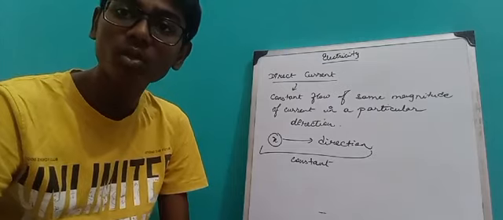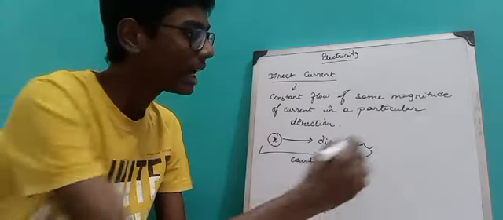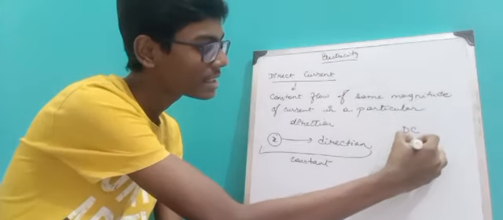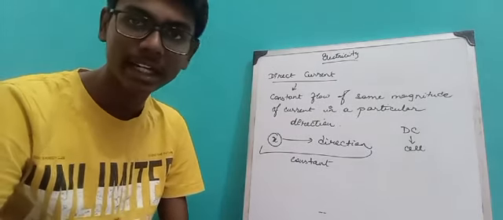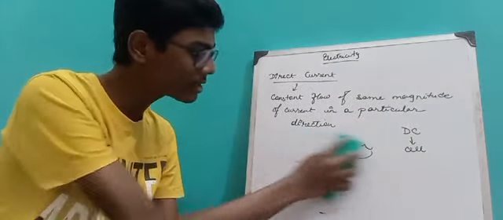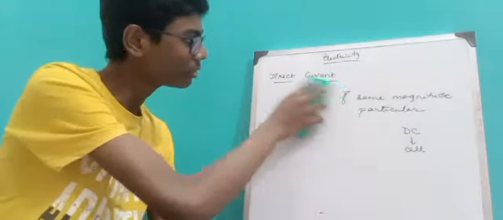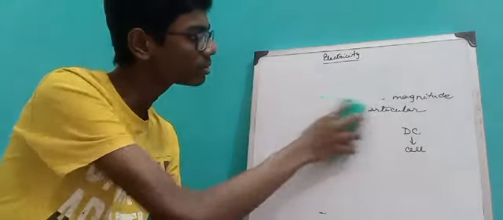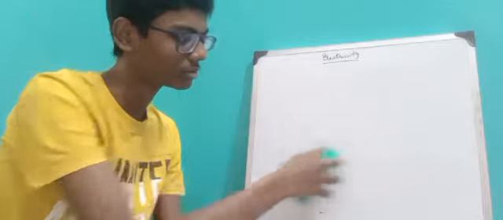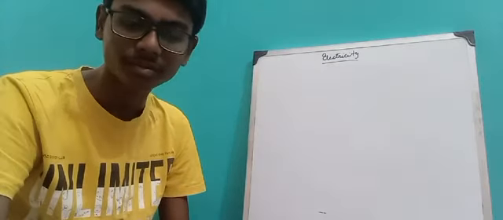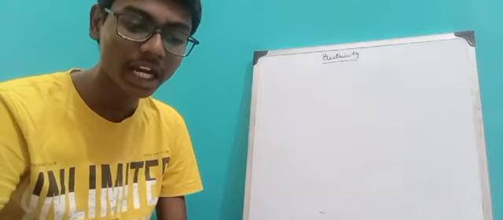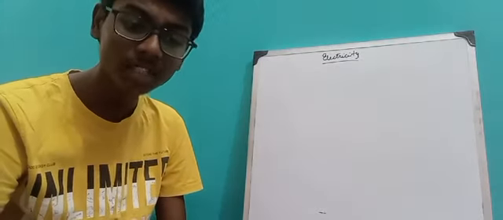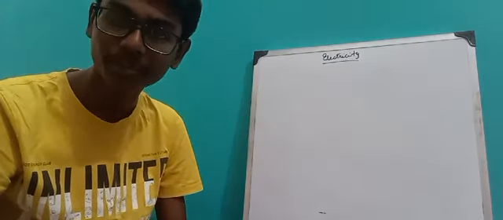Now, what is the basic source of direct current? The basic source of direct current is the cell. Now, what are cells? Cells are a kind of substance that provides us with direct current.